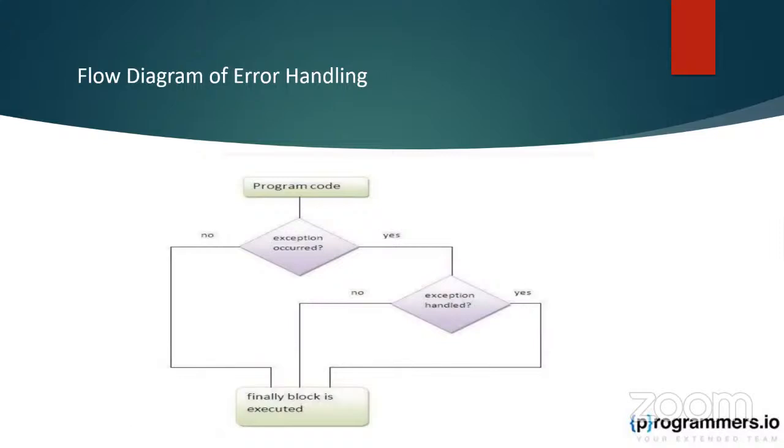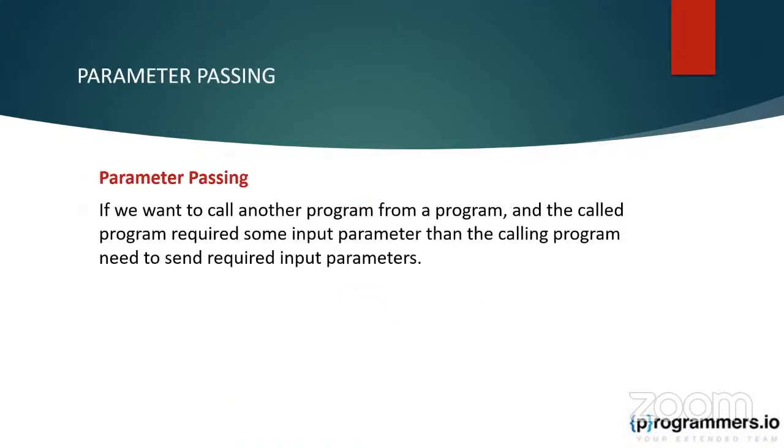So now we will learn about parameter passing, like what is parameter passing in AS/400. Sometimes we want to execute a program with some input, and we pass the input to the program, and then the program gets executed. These inputs are called parameters, and the process is called parameter passing. We can pass these parameters in two ways.